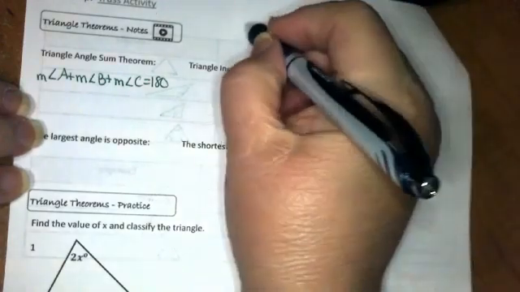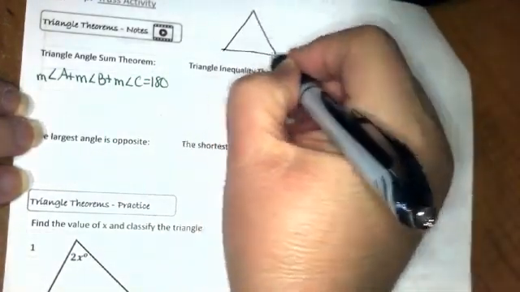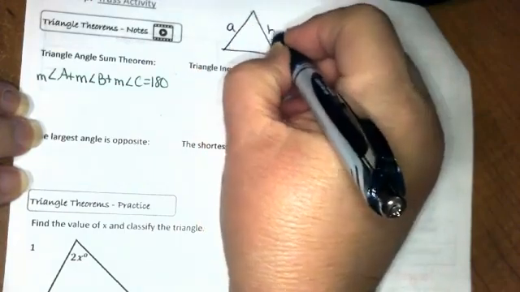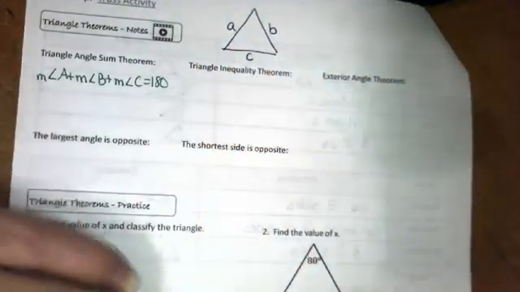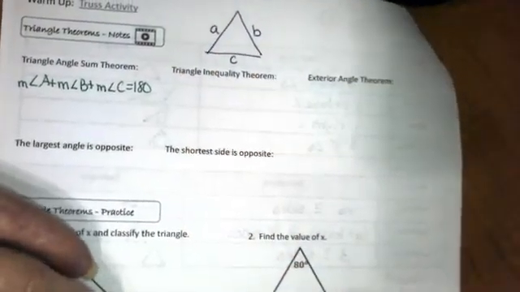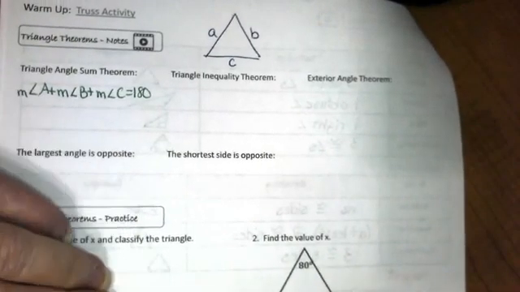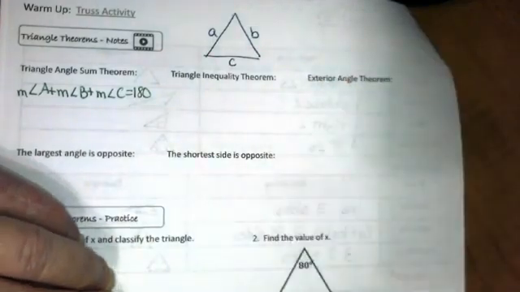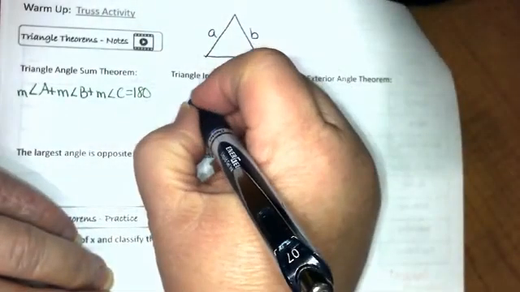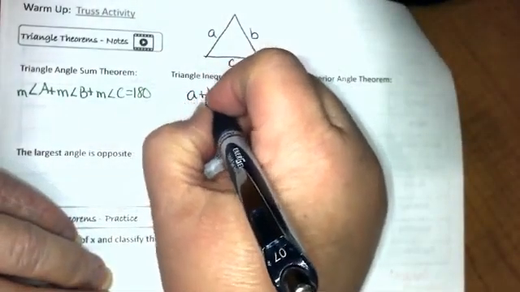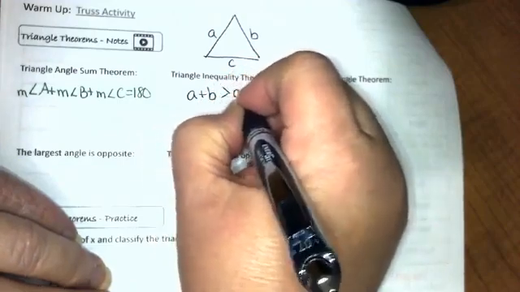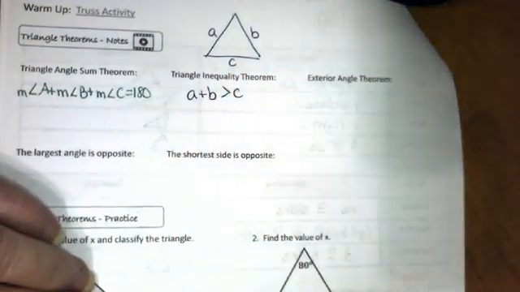The triangle inequality theorem. So let's say I have the lengths of three sides of my triangle. I'm going to give you three numbers and you're going to have to tell me whether or not they form a right triangle, or I'm sorry, a triangle at all. So the rule says that two sides added together have to be bigger than the third side.